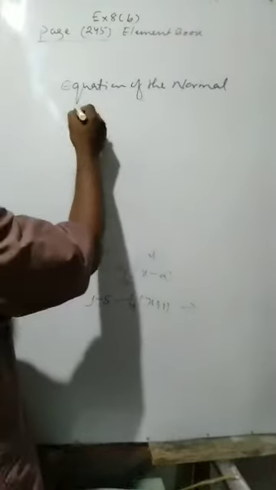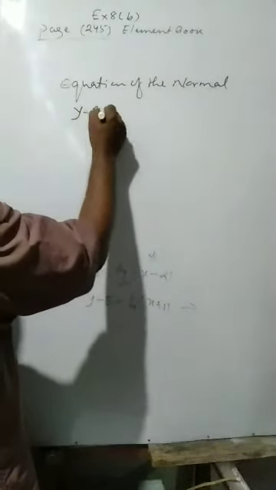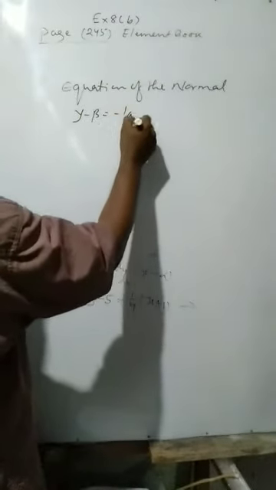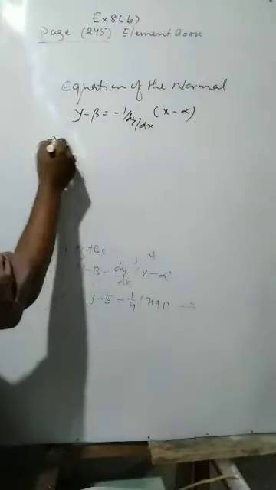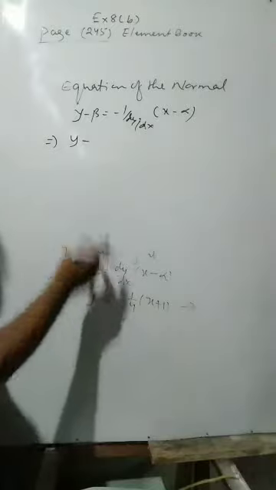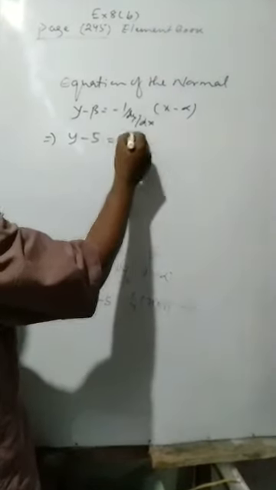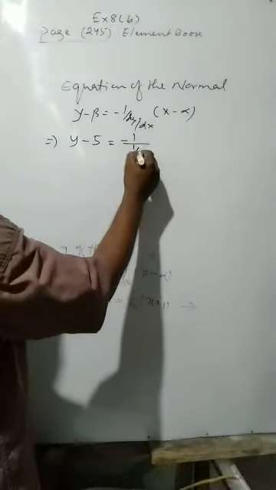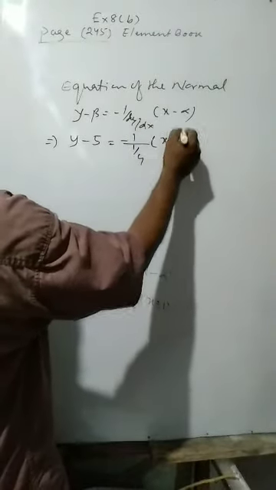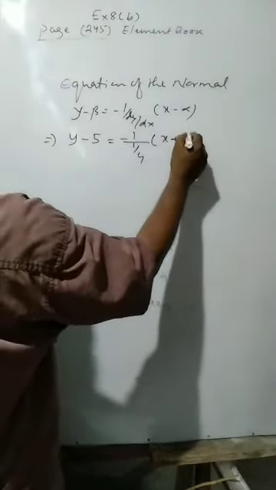What is the equation of the normal? y minus beta equals -1 by dy by dx into x minus alpha. Beta is 5, and -1 by dy by dx equals -1 by 4, x minus alpha equals -1, so minus plus 1.